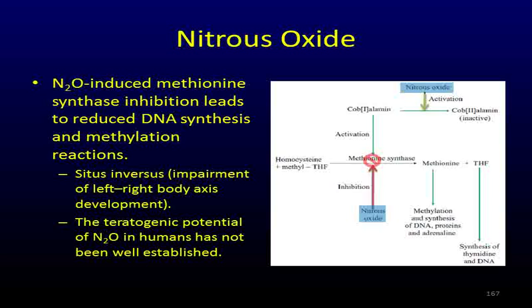And then that methionine interacts with other substances for DNA synthesis and maturation. So, there's another board question. Methionine synthetase is inhibited by nitrous oxide, which will interfere with DNA synthesis.